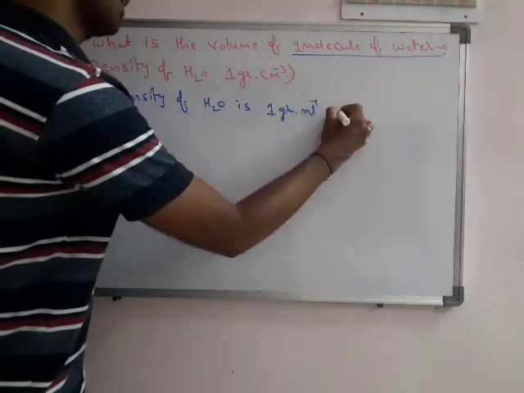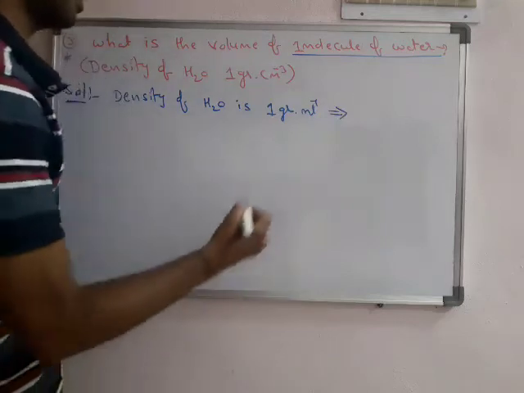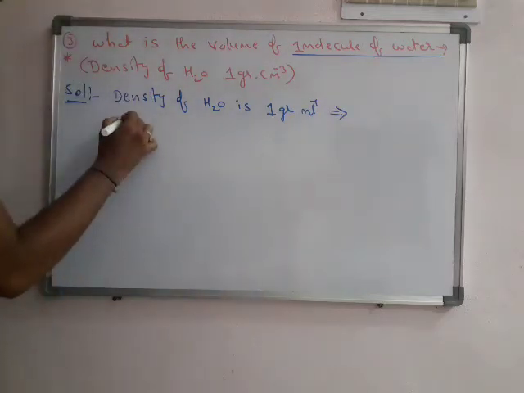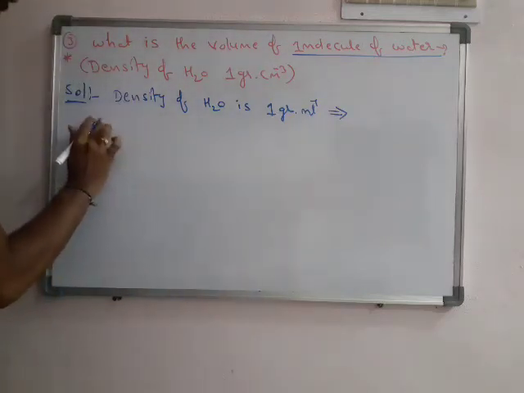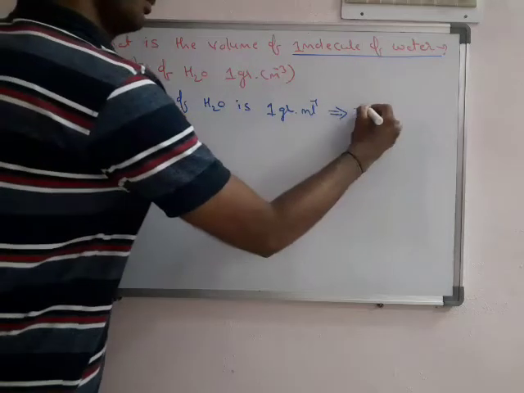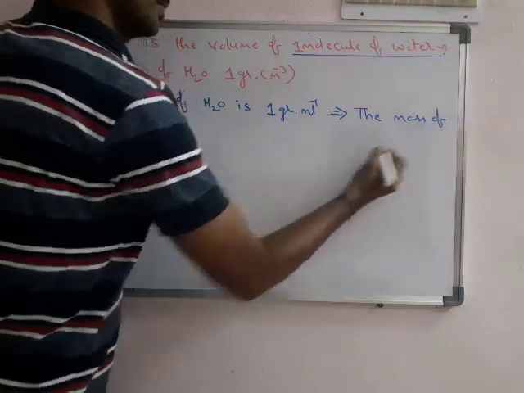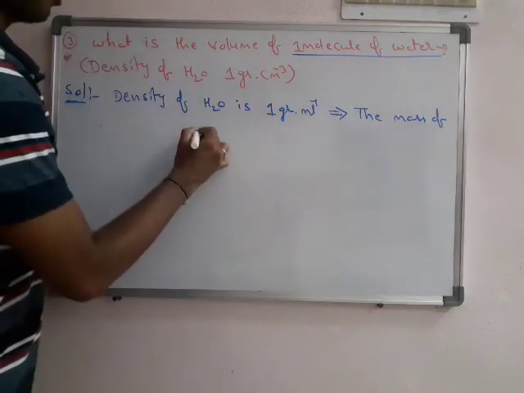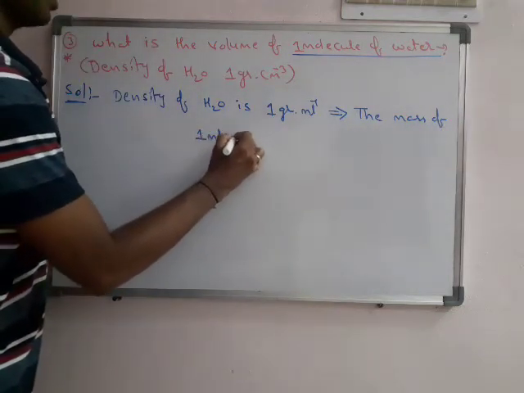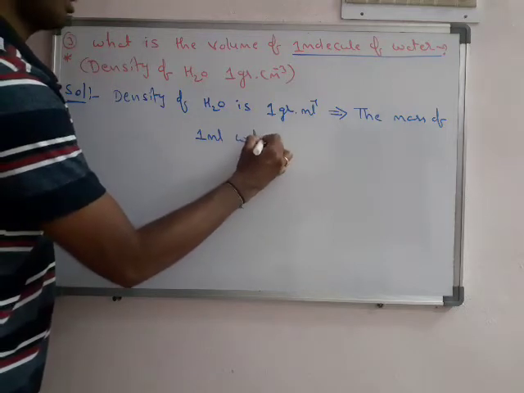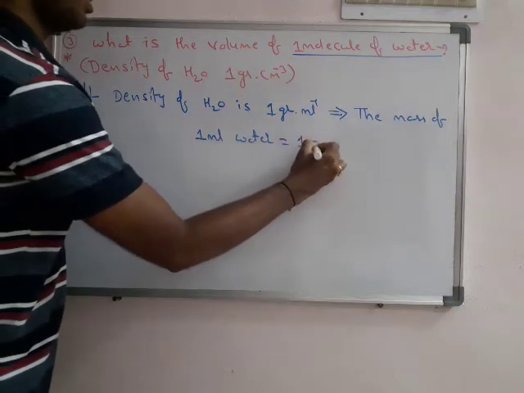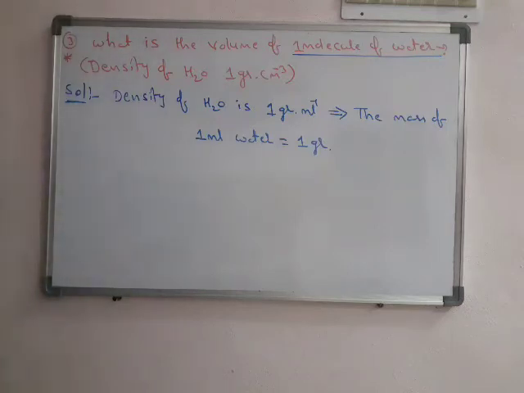So what it means, density means that the mass of 1 milliliter of water equals 1 gram. It is the meaning of the given information, density.